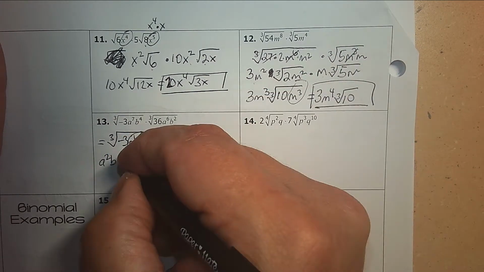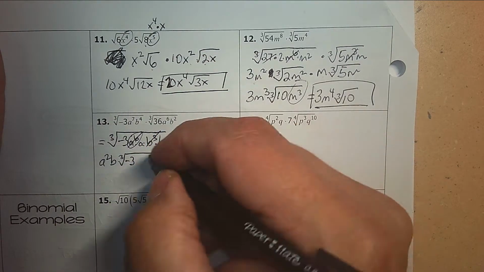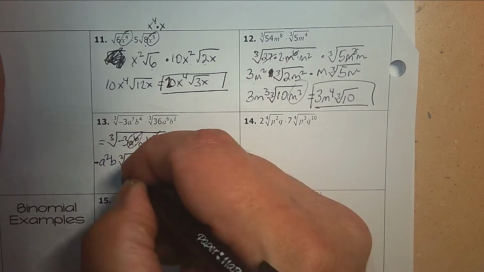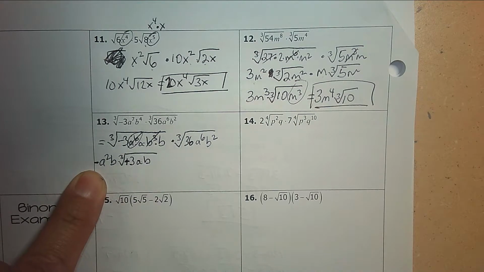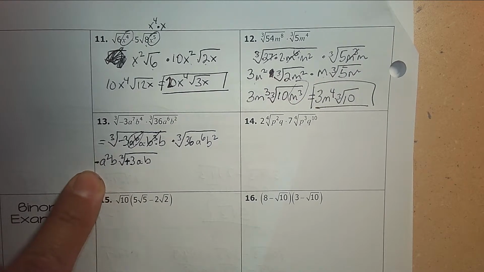And then what's left under the cube root is negative 3ab. Oh, the negative can also come out front. That's important. So the negative 3, there's actually a negative 1. And the cube root of negative 1 is negative 1. We don't want to leave it under the cube root being negative. That negative needs to be in front.